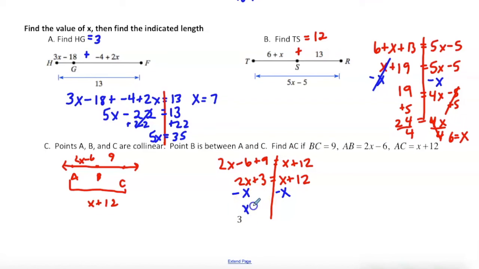So then I have x plus 3 equals 12. You would subtract 3 from both sides. So x equals 9. But they want to know what is AC. So AC is 9 plus 12 or 21.